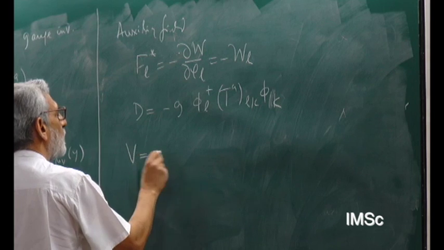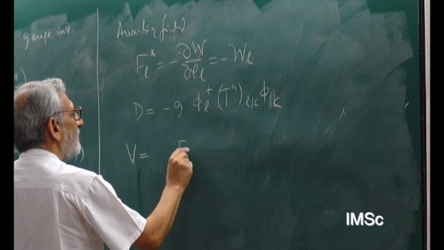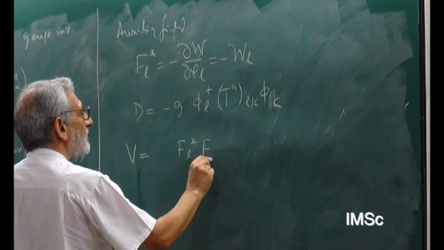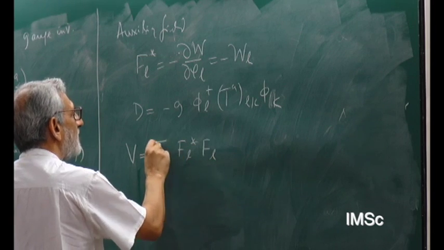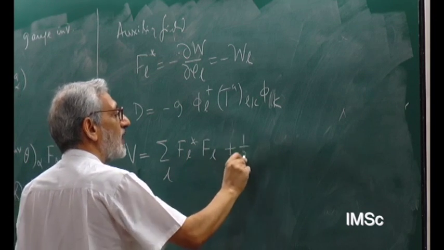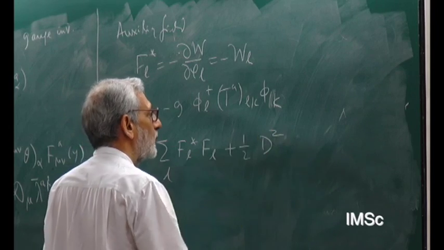And V would be sum over L of |F_L|² plus half D².